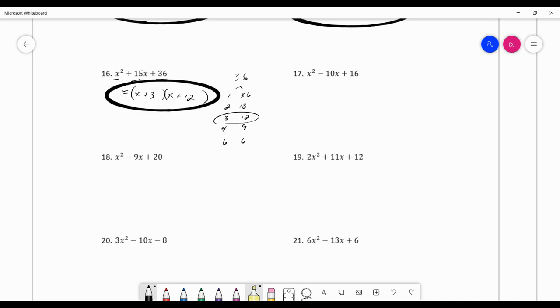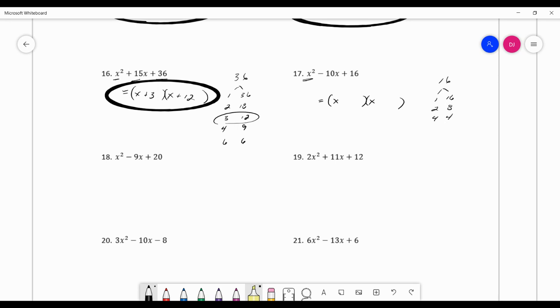Factored. Number 17 is similar, except that you'll notice there's a negative sign in there. We're not going to sweat that. The two binomials are going to be x, because to get the x squared, x times x is x squared. What are the factors of 16? 1 and 16, 2 and 8, 4 and 4.